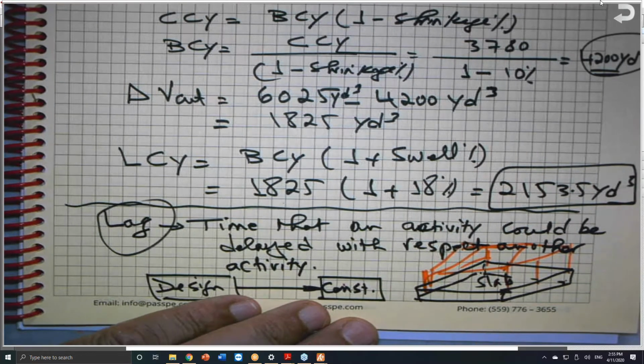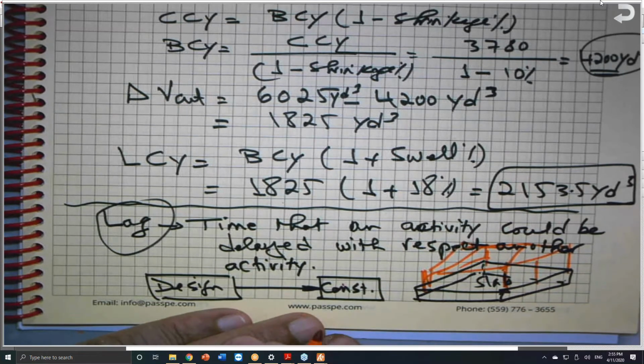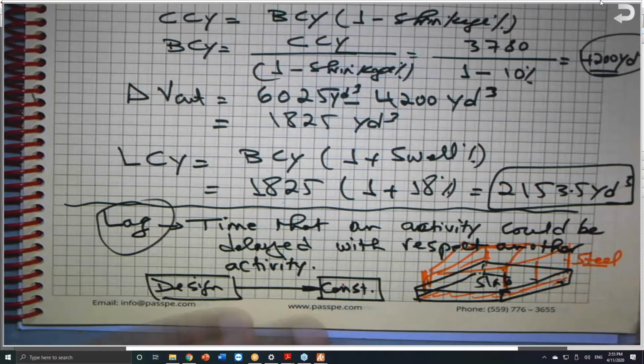I contact the factory and the factory said that we are really booked and we have no delivery until the beginning of June. So I can put the concrete and wait. So the early start for this will be delayed after we finish this, because the steel frame is not available yet, maybe because the manufacturer is busy.